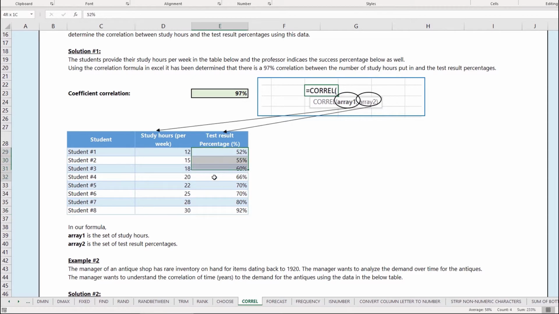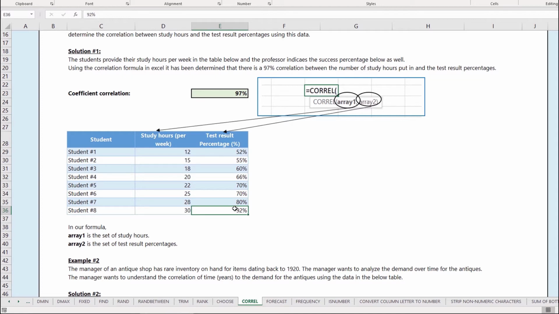So as you can see in the table, the number of hours that are part of someone's study habits result in increased test result percentages. So for instance, student 1 who studied 12 hours had a test result percentage of 52%, and the student who studied 30 hours achieved a grade of 92.